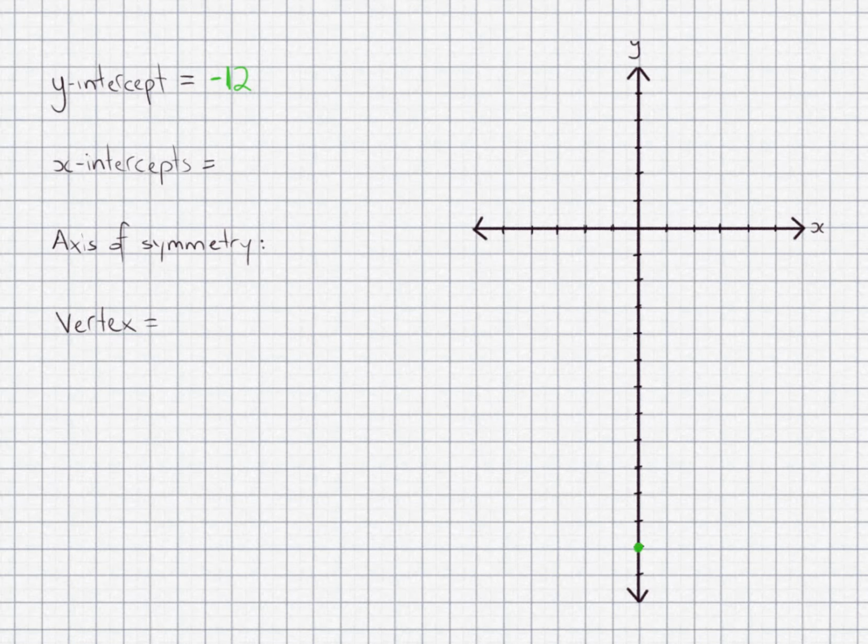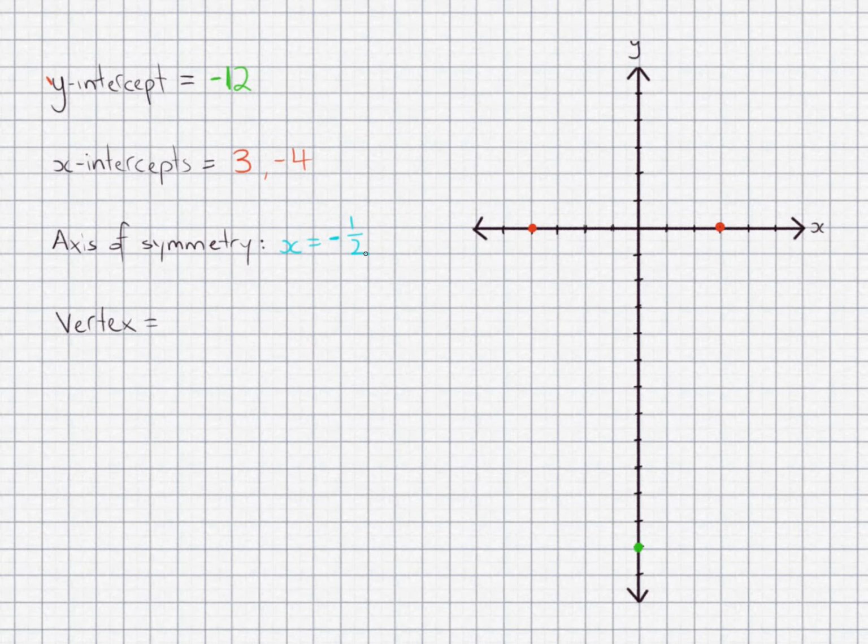Our x-intercepts were 3 and negative 4. Here's negative 4 on our x-axis, and here's positive 3. So there are our two x-intercepts. Now our axis of symmetry was given by the equation x equals negative 1/2.